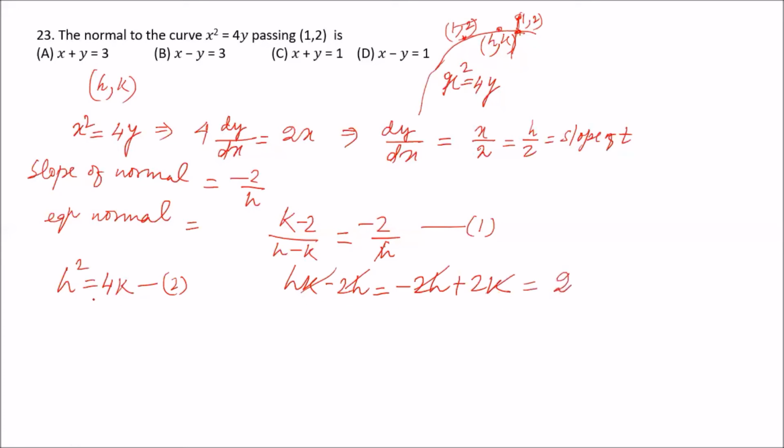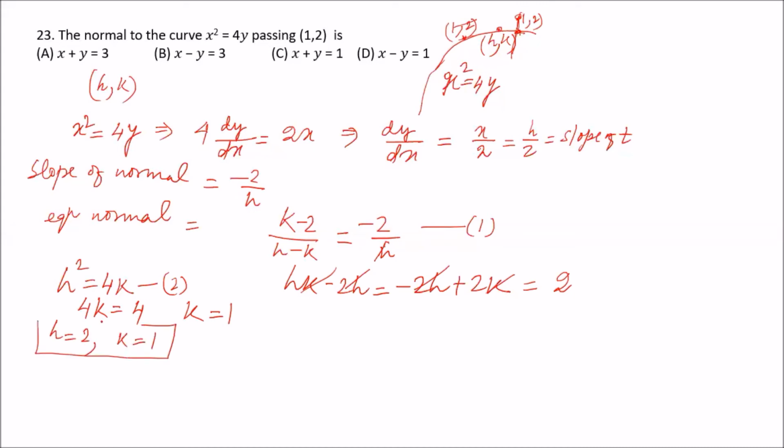And when h is equal to 2, 4k is equal to 4. So k is equal to 1. So h is equal to 2, k is equal to 1.